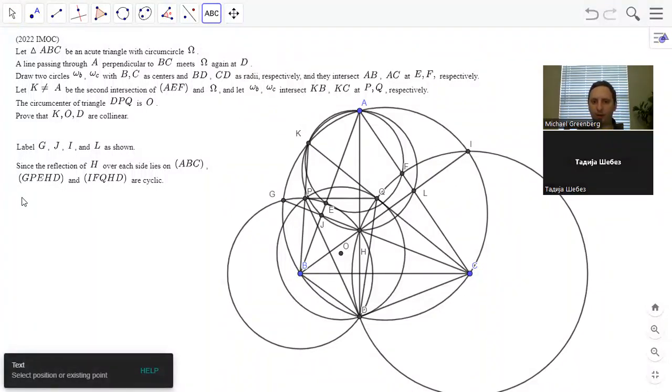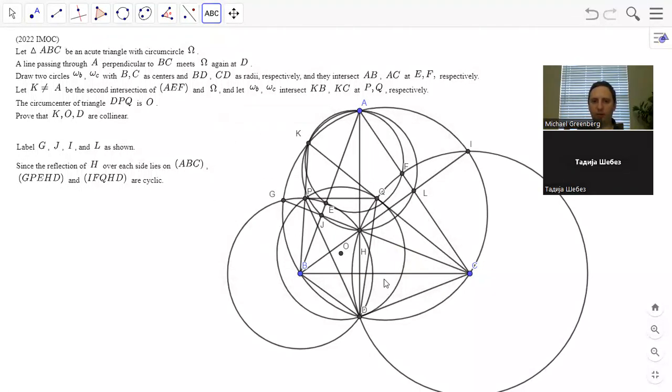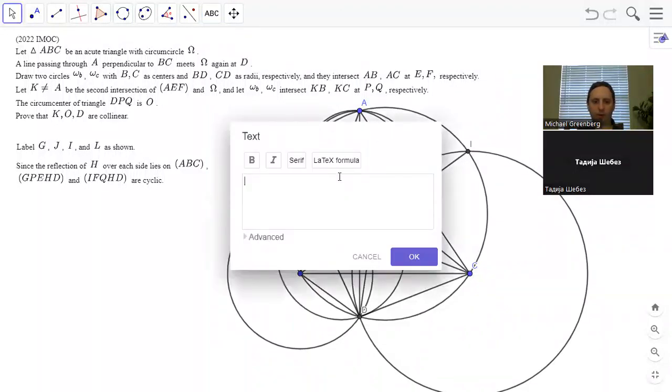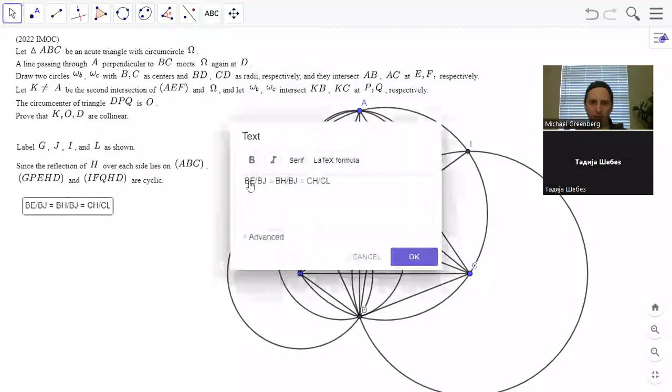BE over BJ is BH over BJ, and that's CH over CL, I think it is, which is CF over CL. So E corresponds to F in those similar triangles.